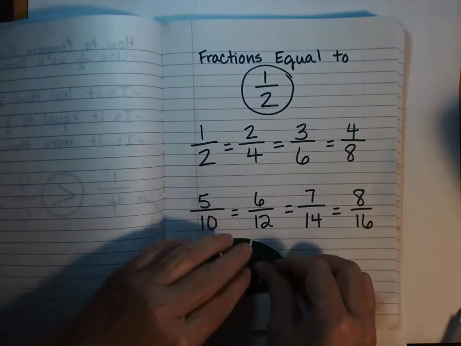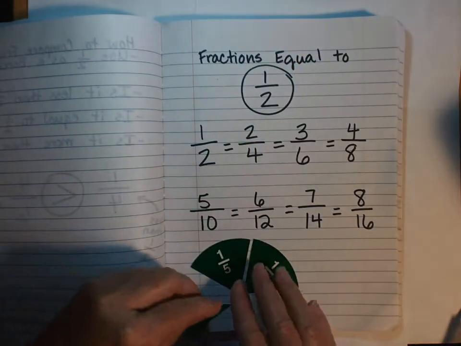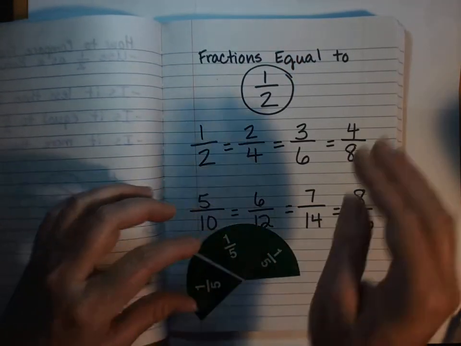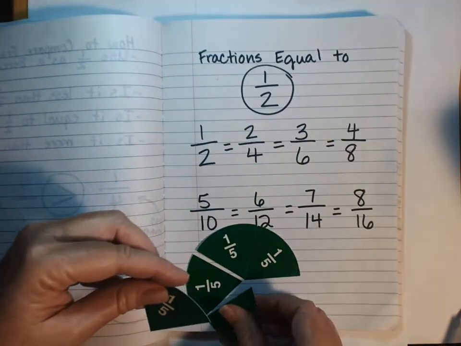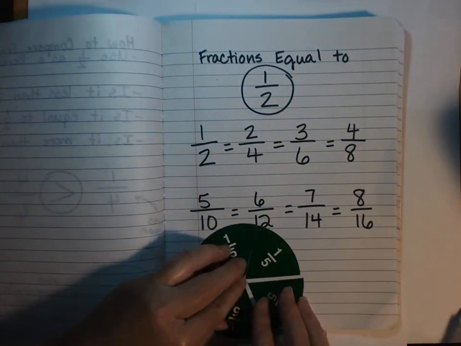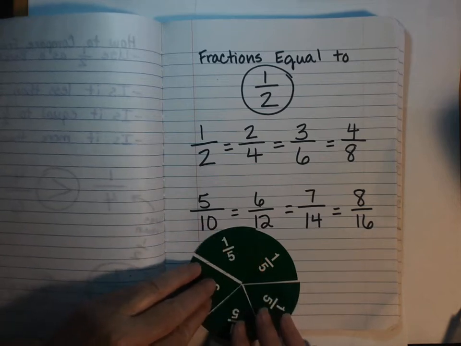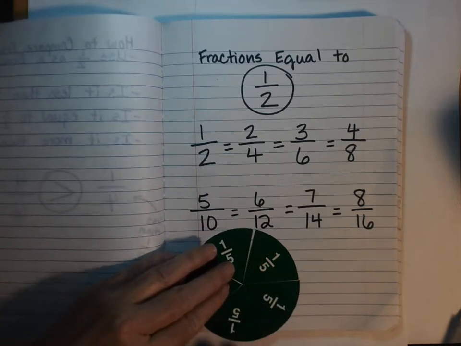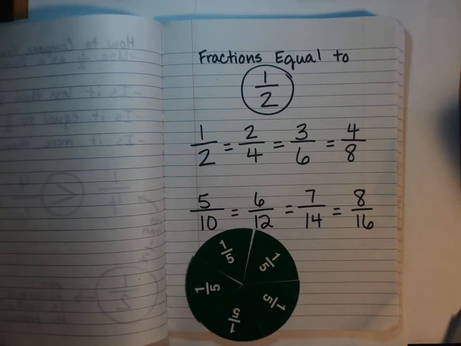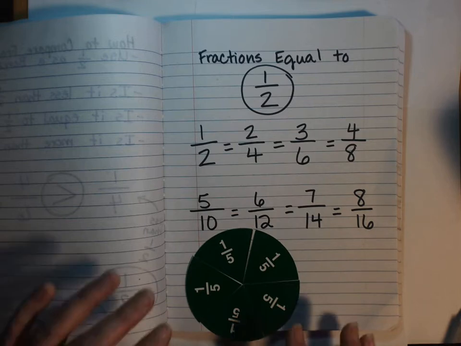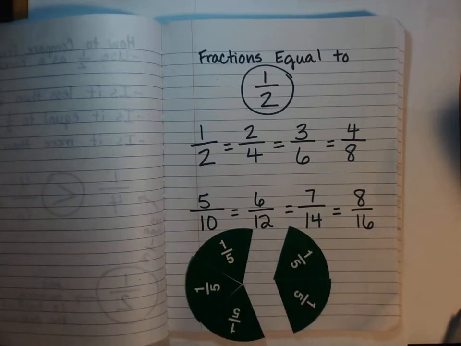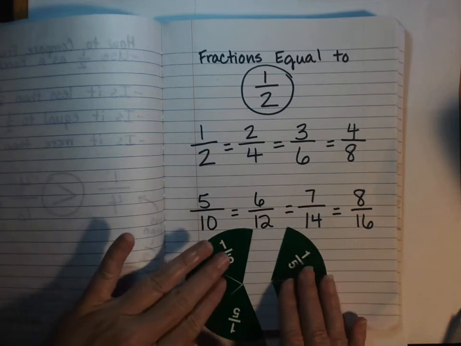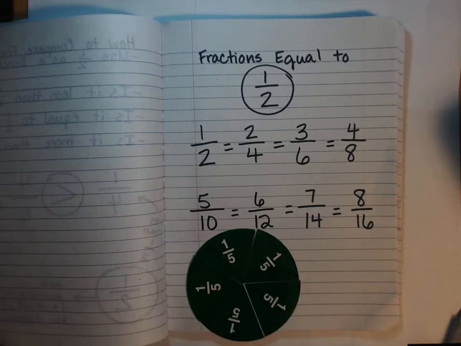Okay, let's say we have 1/5, 2/5, 3/5, 4/5, 5/5. And we want to find the fraction that's equal to 1/2 out of fifths. Can't do that, can you? Because you would have 3/5 and 2/5. So what do you do when that happens?